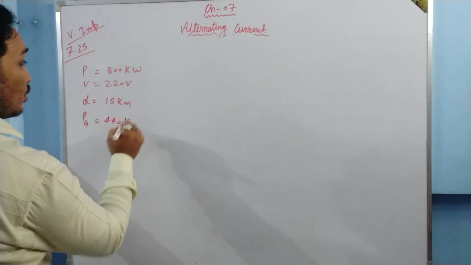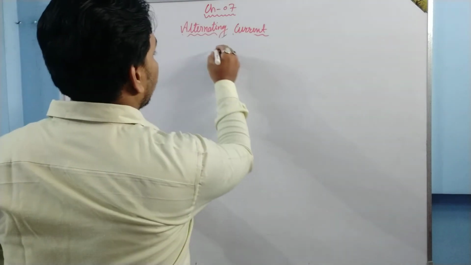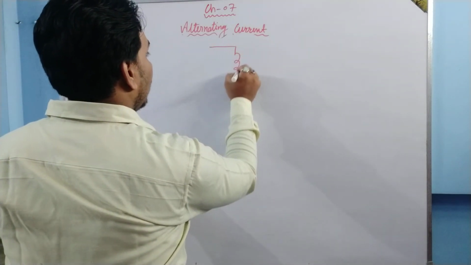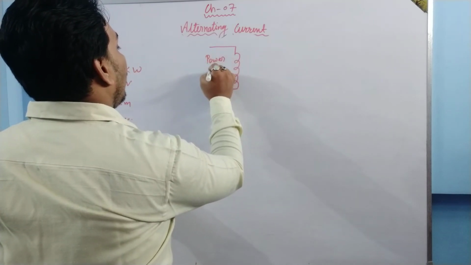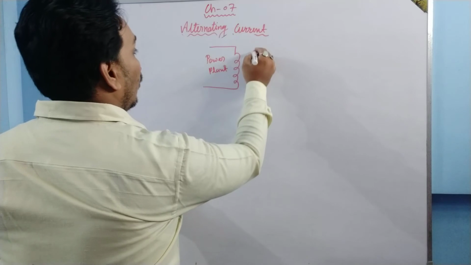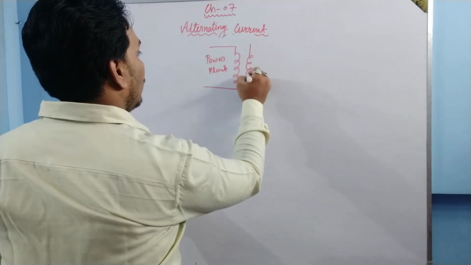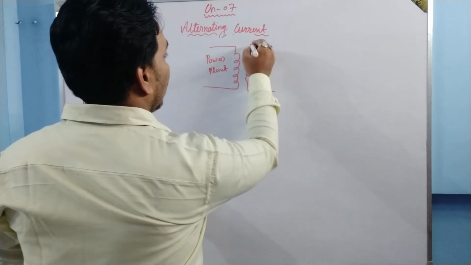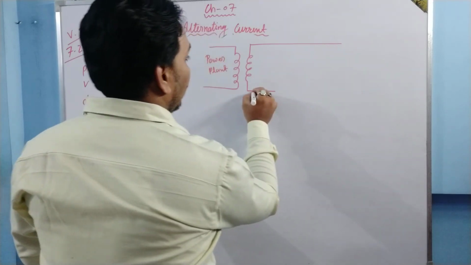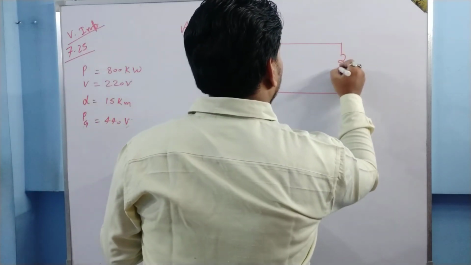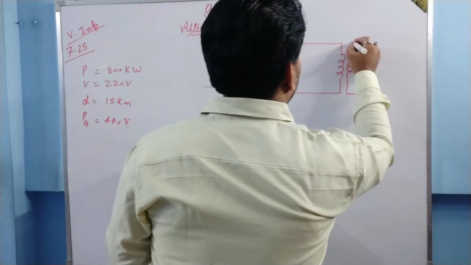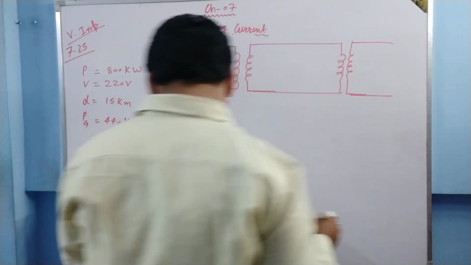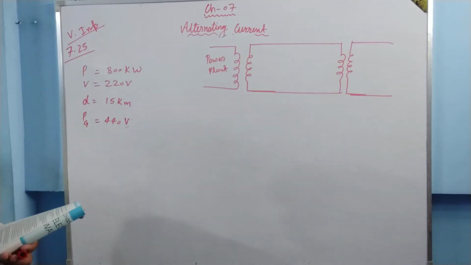Okay, so let me make the diagram also. Suppose this is your power plant. This is a transformer set up at the plant. This is your line supply. And here one transformer is set up at the town. Maybe there will be a substation.